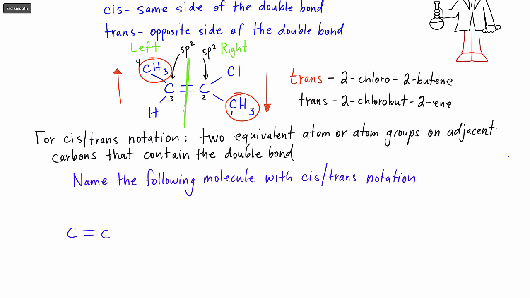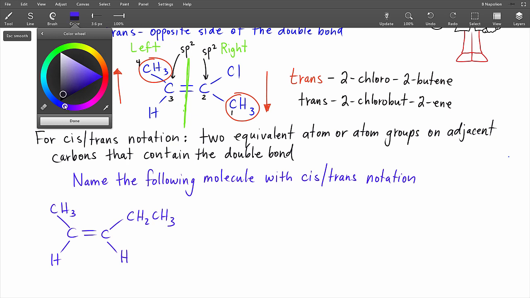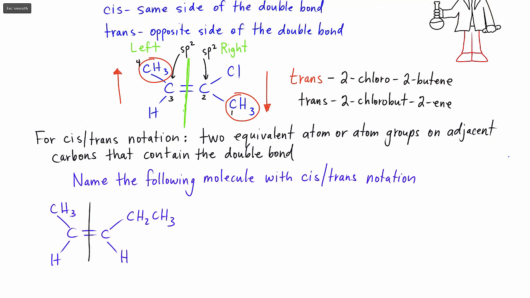Now, let's say we have a structure like this. Carbon, doubly bonded to carbon. And what's attached to this carbon is a CH3 and an H. What's attached to this carbon is a CH2CH3 and an H. All right. Now, the first thing we want to do to examine cis-trans notation, if we do indeed have it, is draw a line bisecting that double bond.